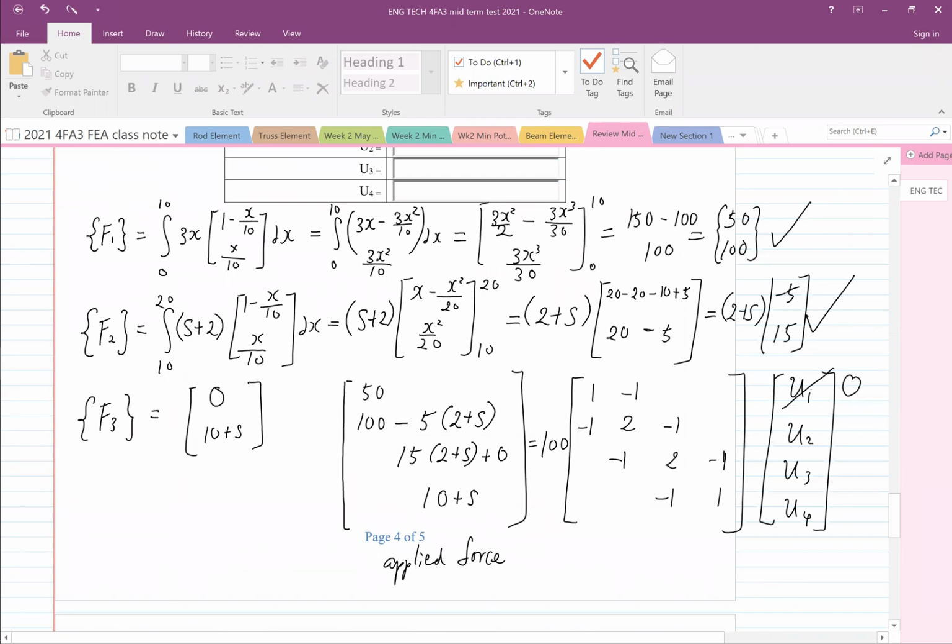And then because node 1 is 0, and there's an applied force of 50, because it's 0, there's a reaction force tied to it. And then U2, U3, and U4. And then depends on your student number, you sub in the S, and then you resolve the equations.